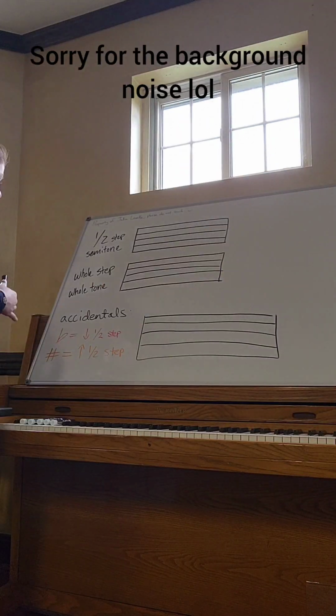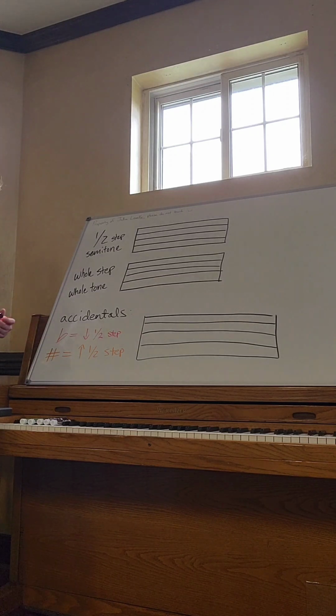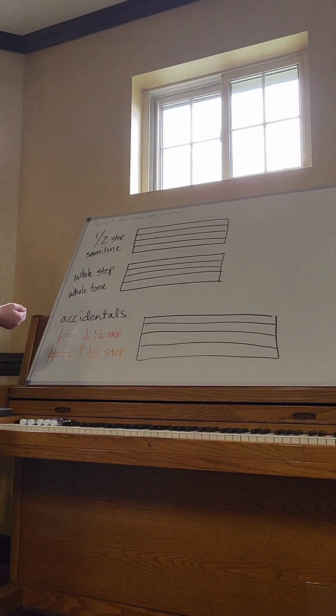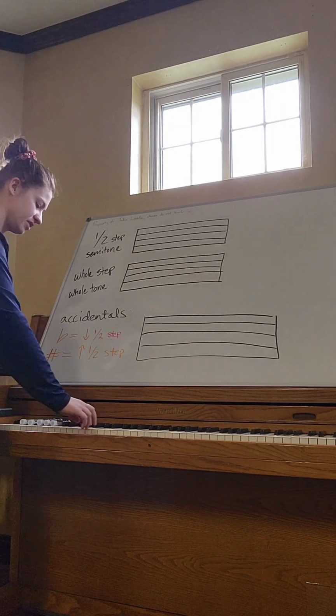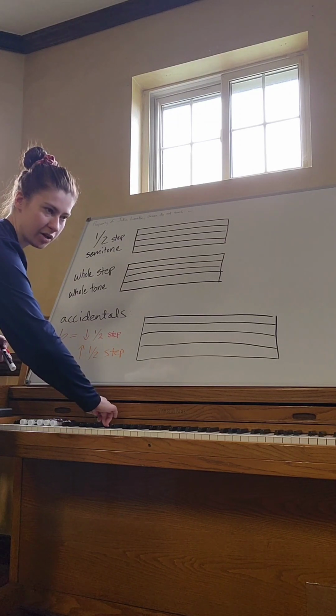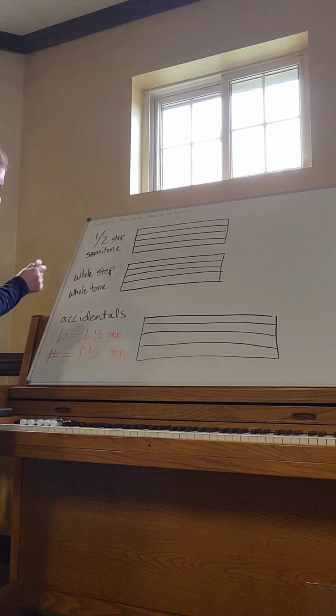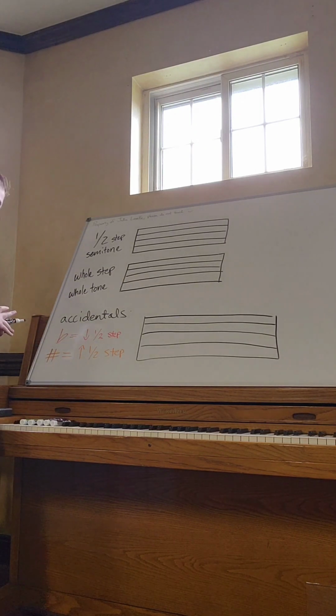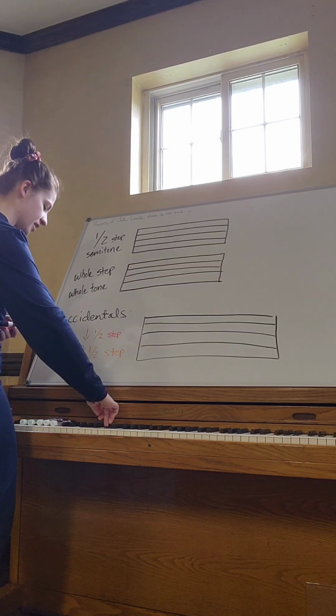All right, so now let's talk about steps and accidentals. A half step, or a semitone, is the distance from one key on the keyboard to the next adjacent key. For example, C to C sharp. It's not always from a white key to a black key.